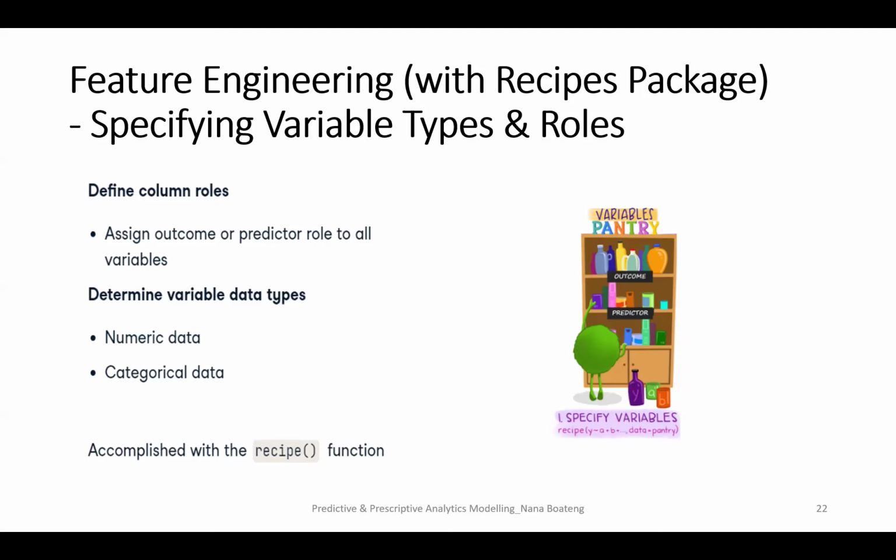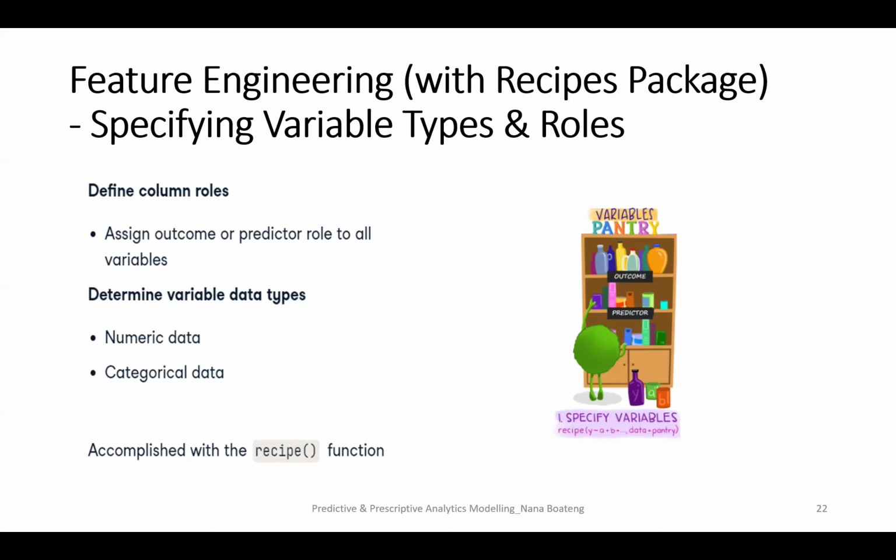Now, these variables could either be numeric variables or they could be categorical variables. The same thing, your outcomes could be numeric variables or they could be categorical variables. Remember yesterday when we were dealing with a categorical outcome, we used logistic regression.